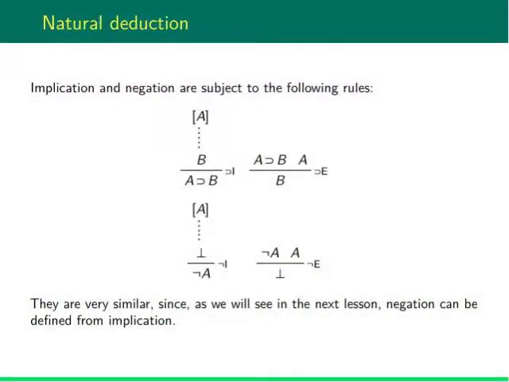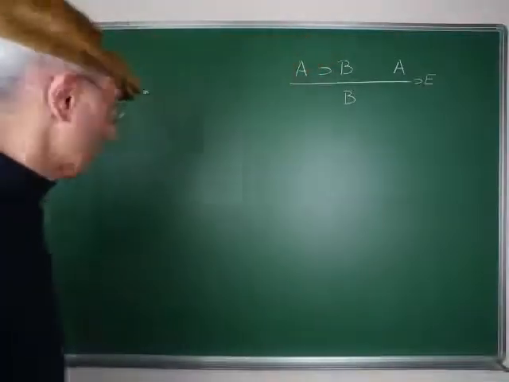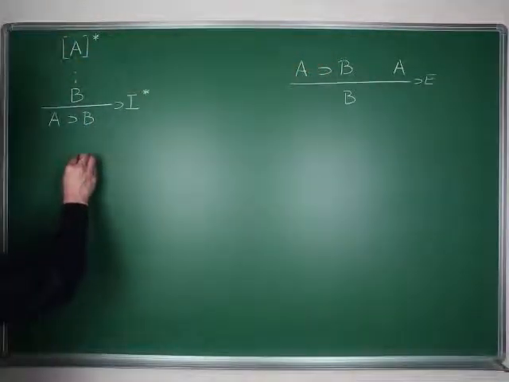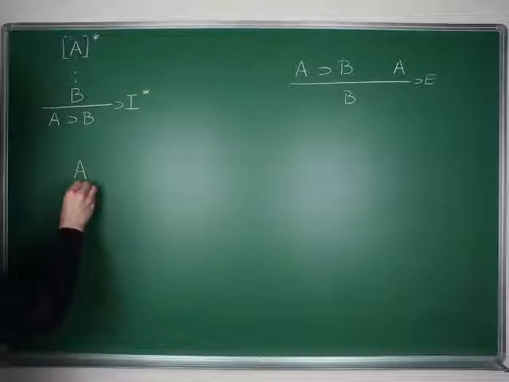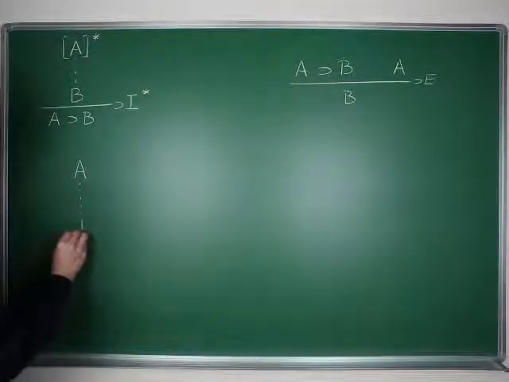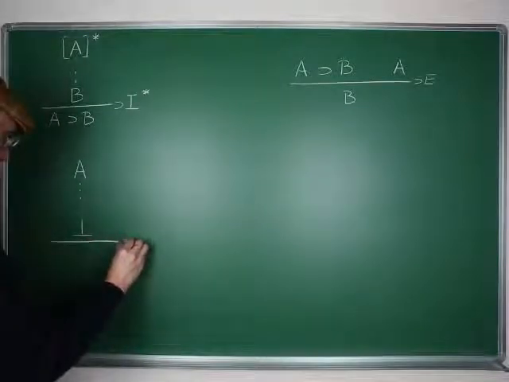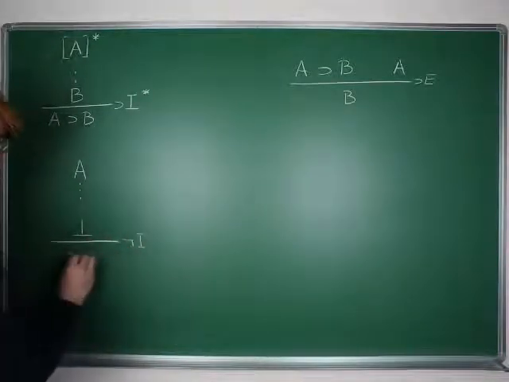Negation is very similar. Introduction means that we are able to prove falsity assuming A, and elimination means that whenever we are able to prove not A and A, we can deduce falsity.